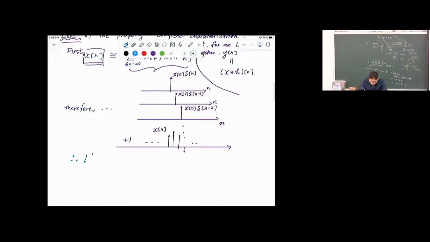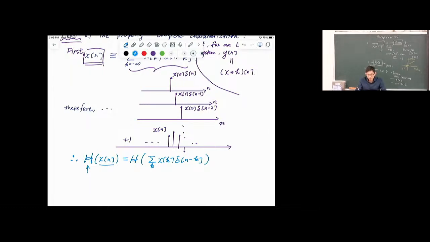When we talk about the signal being processed by our system, sending x to h, the system is now processing our signal, which is the sum of x_k delta n minus k, symbolically.